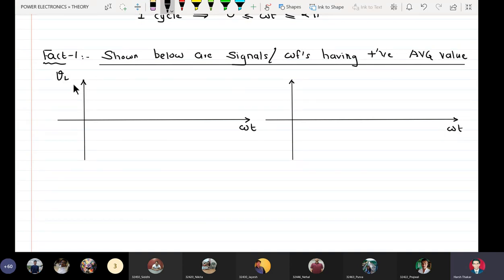This can either be a load voltage or a load current waveform. Okay. So 0, pi, 2 pi, 3 pi.